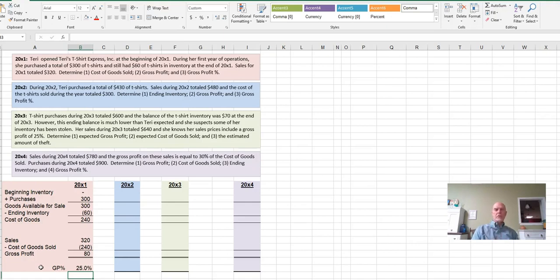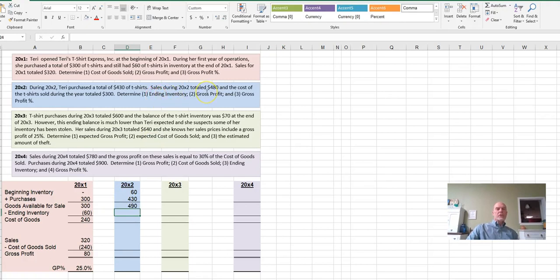So now we'll do year two together. In year two, our beginning inventory is whatever we ended year one with. Ending inventory was 60, so that would be our beginning inventory in year two. And then in the paragraph it says we purchased a total of 430 t-shirts, so we'll add that. So we know that our goods available for sale is going to be 490, the beginning inventory plus our purchases.